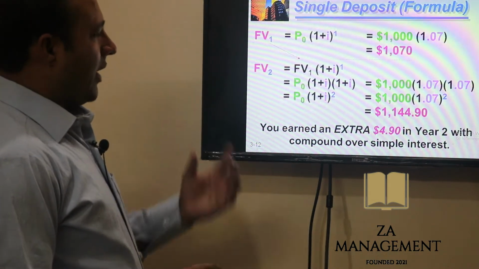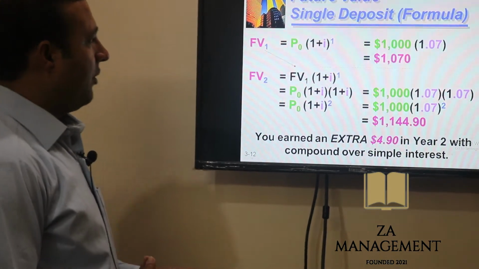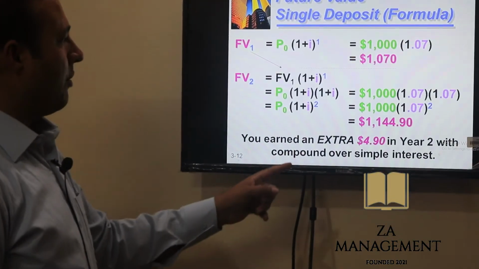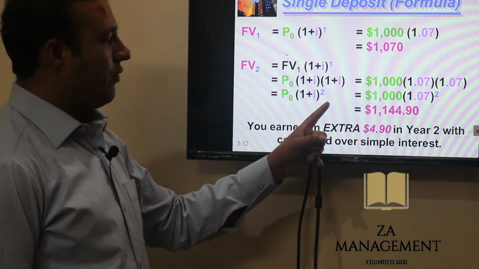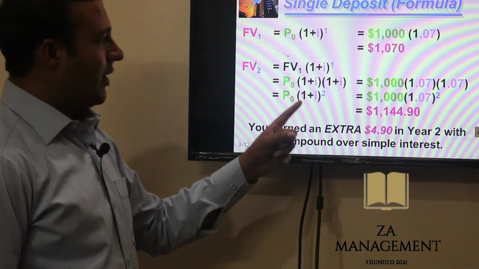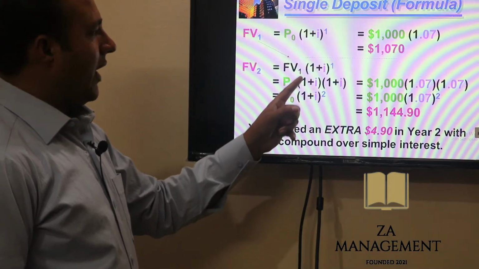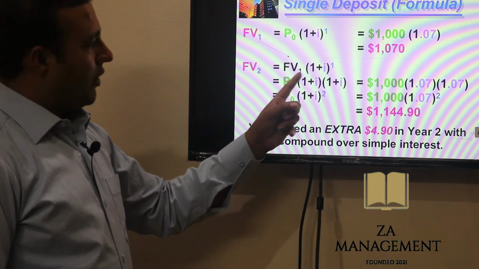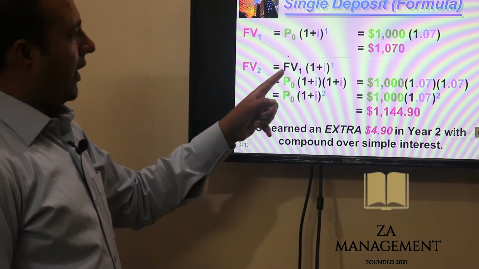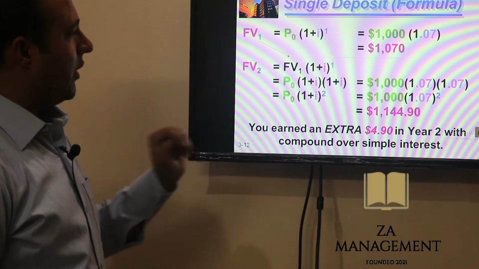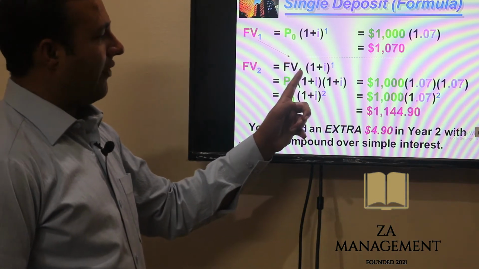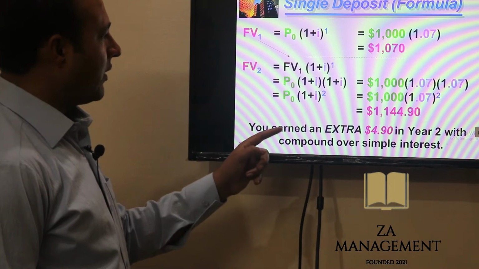But if the investment period is 2, we said that FV is equal to P naught into (1 plus I) whole to the power n. Here n will be equal to 2. This is resulted in such a way: FV1, the future value at the end of year number 1, is multiplied by 1 plus I to give the future value at the end of year number 2. So we have further multiplied it by a factor (1 plus I) whole to the power 1.